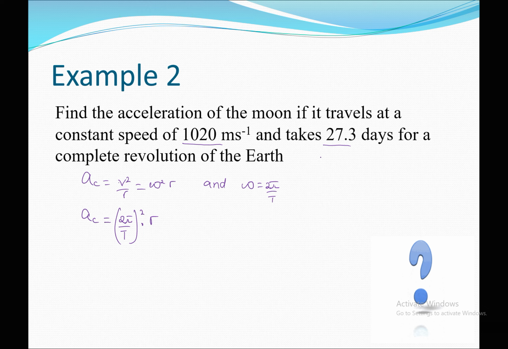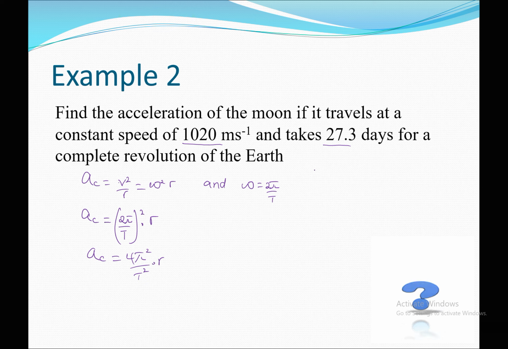Find the acceleration of the moon if it travels at a constant speed of 1020 meters per second and takes 27.3 days for a complete revolution. So I have the period. Okay, so of course this means the centripetal acceleration is going to be 4 pi squared over T squared times r.